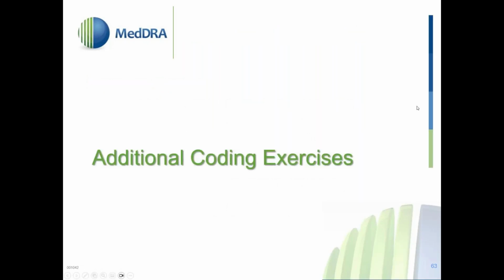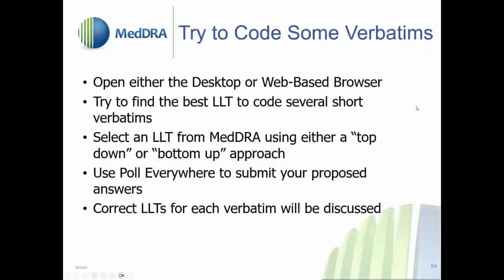So here's where we're going to start the hands-on exercises. Just as a reminder, you can access the web-based browser with the temporary credentials we provided to you. If you have your own organizational credentials, you can use them. Try to find the LLT that's closest to the verbatim and either follow a bottom-up or top-down approach.